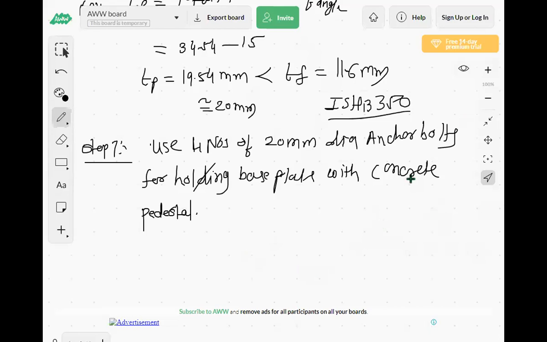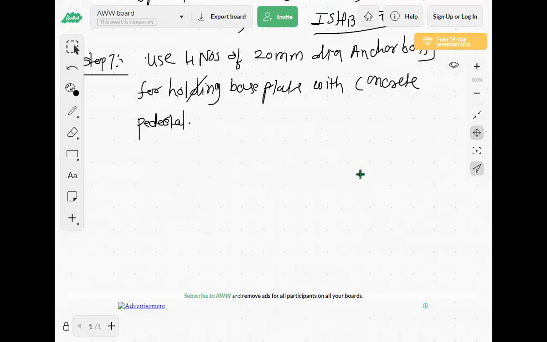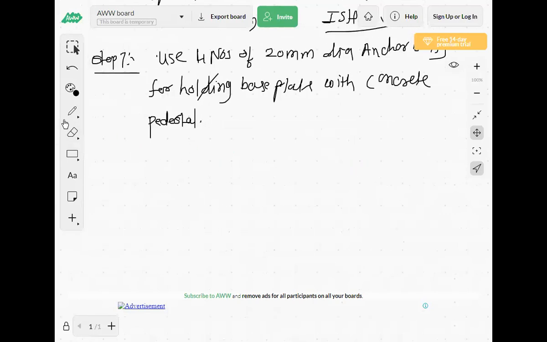Okay, so now the last step is remaining, that is step number 8. We have to design the bolted connection.